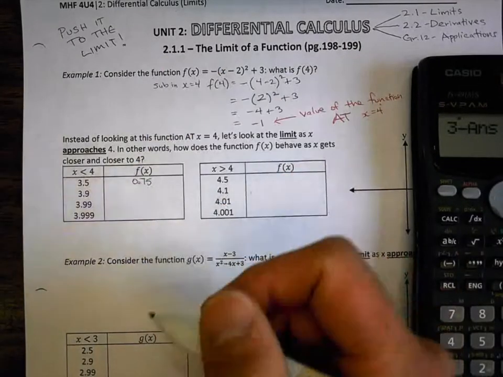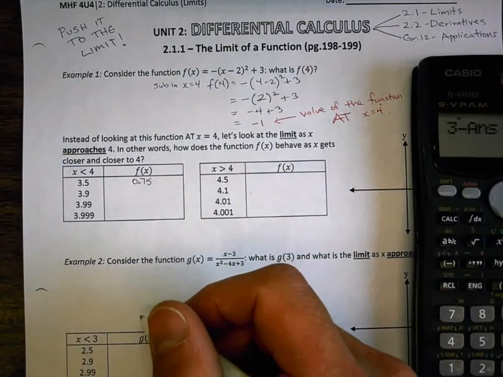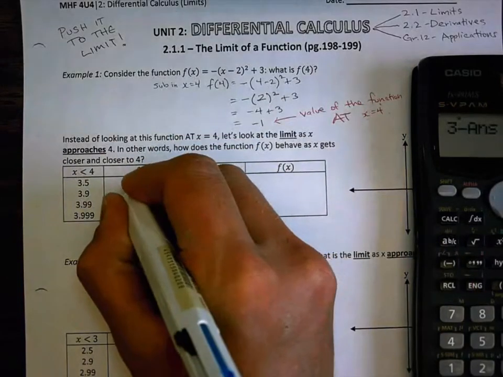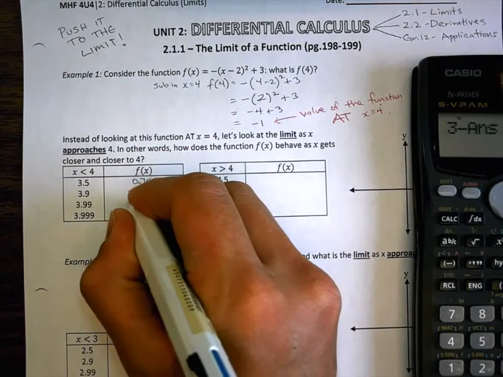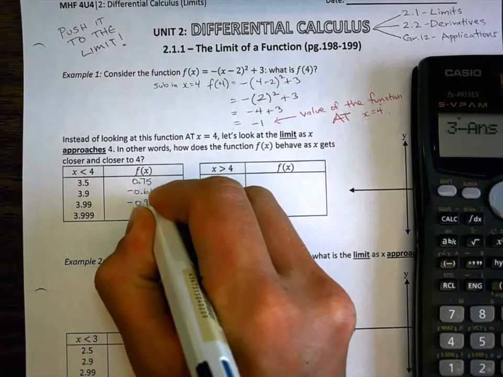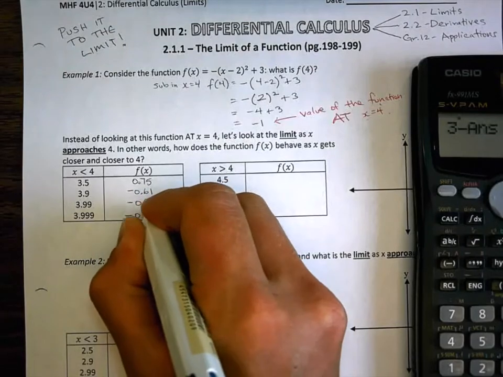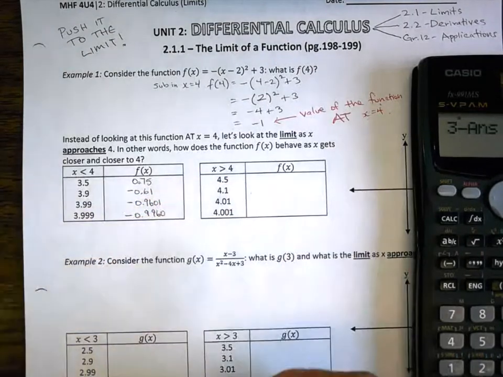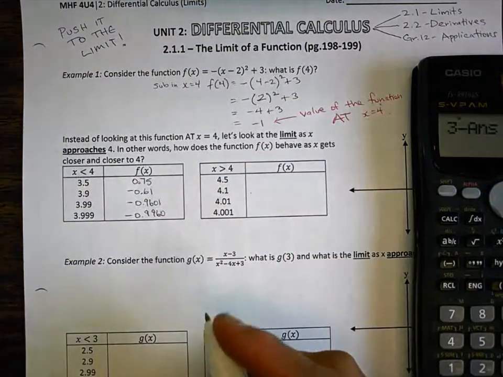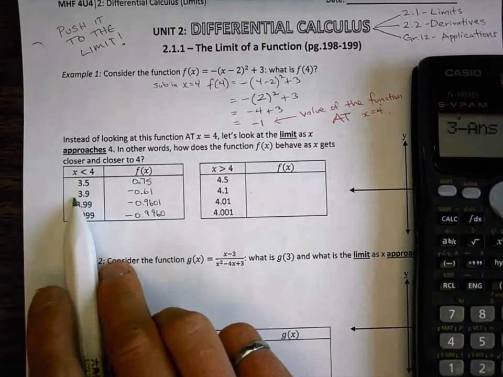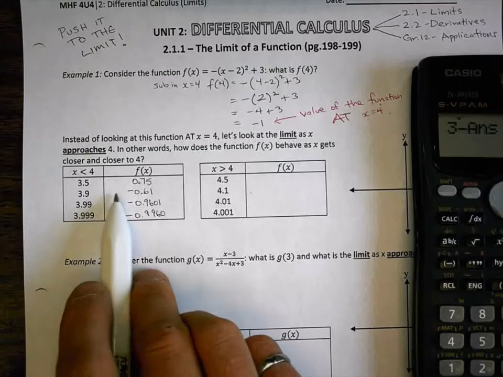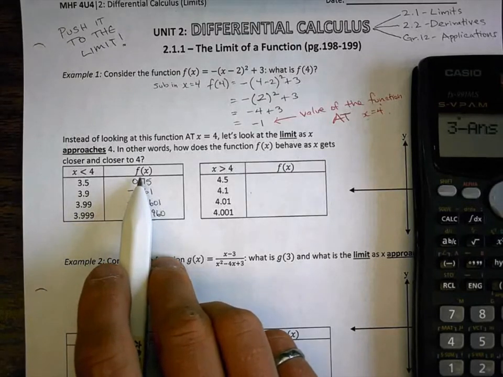You can do the remainder by yourself. Pause the video. Okay, and if you type the rest into your calculator, you're going to get negative 0.96, negative 0.9601, negative 0.9960. So let's look at this. As my x values get closer and closer to 4, what happens to my y values, or the value of my function?